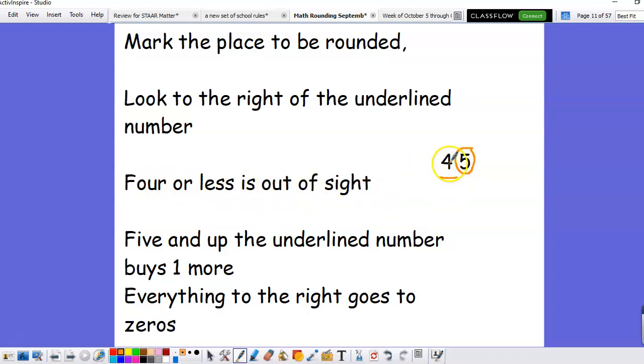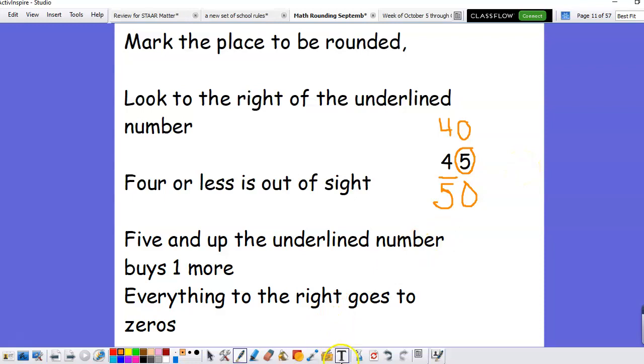So the 4 stays and it would stay a 40. If it's 5 or more, you buy one more, or add one more. So your choices would be either this 4 turns into a 5 or the 4 stays at a 4. And everything behind it turns to a 0.